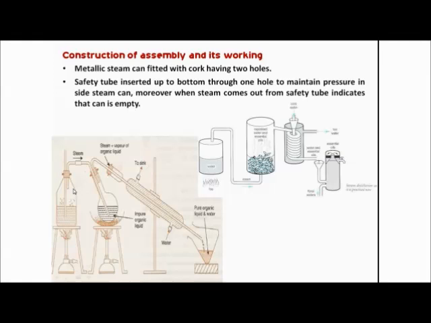Moreover, if steam comes out from the safety tube, it indicates that your can has become empty. Generally steam will not come out from this tube, but if somehow it has, it indicates that the water is finished here, right?